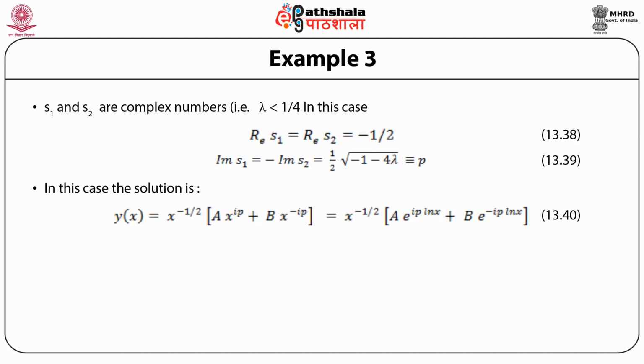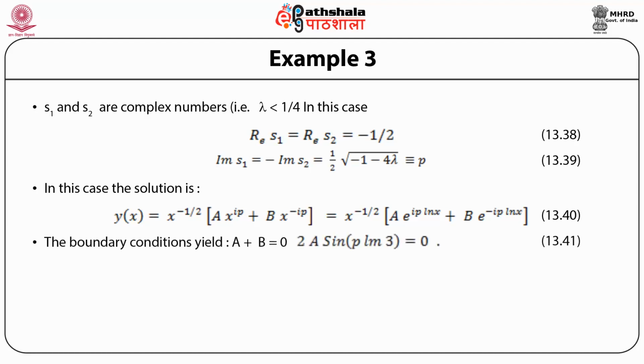So the solution in this case is y of x equal to, since the real part is minus half for both the roots, x to the power minus half can be taken out, multiplied by a x to the power ip plus b x to the power minus ip, where p is the imaginary part.